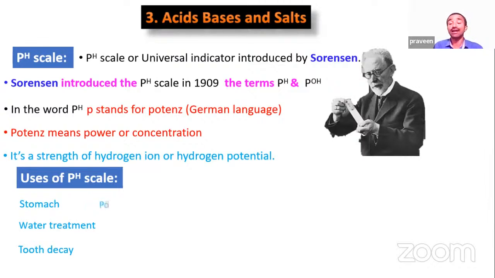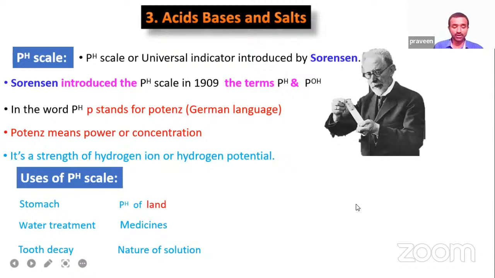Then pH of land. Also we have the importance of pH in our soil. We are giving importance to the pH, right? In manufacturing or preparing medicines, also we are giving importance to find the nature of solutions with this pH only. So use of the pH scale to find out the nature of the substance in different fields, right? So this is the importance of pH.